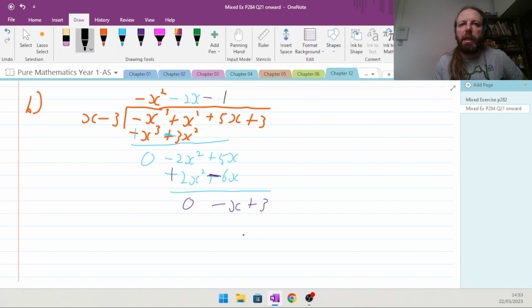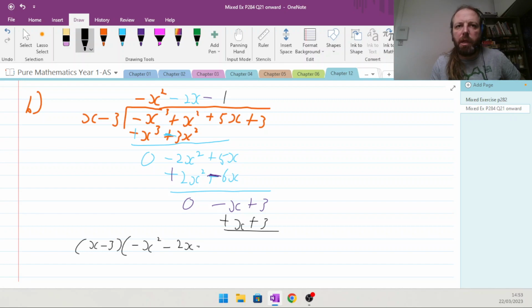Minus 1, so that gives us a minus x, minus 3, which then gives us the 2 pluses in there. Okay, so we have x minus 3, and we have minus x squared minus 2x minus 1 is equal to y.